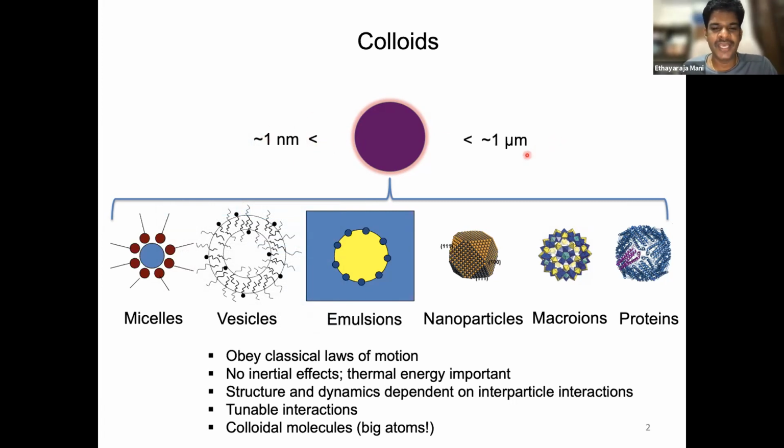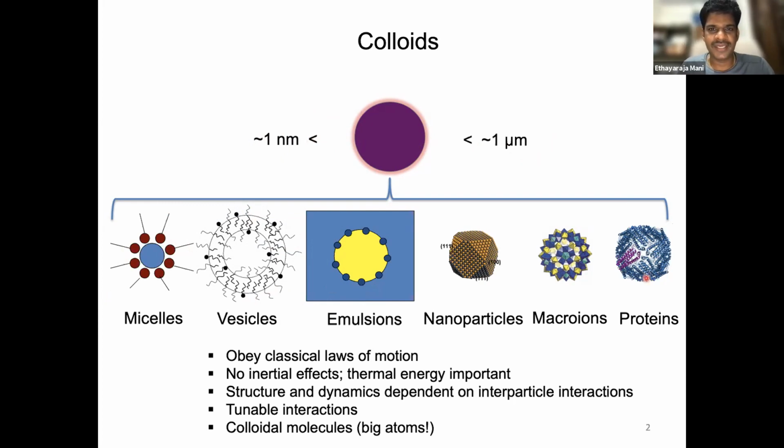But if you look at the objects that we work with, there are very many systems that fall in this size range. For example, surfactant micelles, unilamellar vesicles, mini emulsions, nanoparticles, various macroions, even globular and structured proteins.